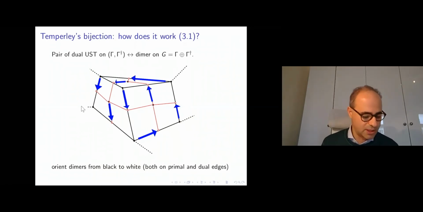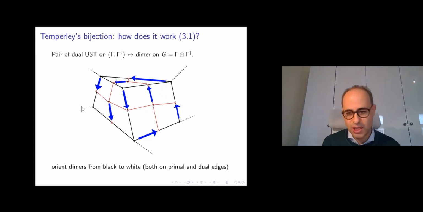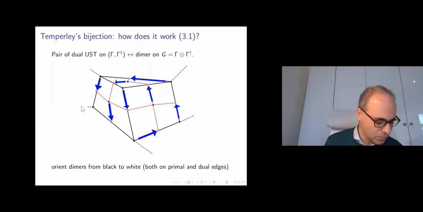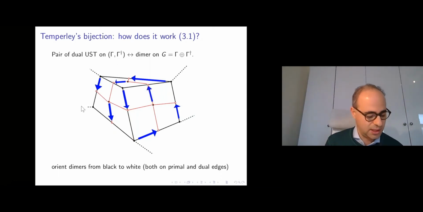The way this coloring is done is simply that these new vertices that you added, you call them white. So in the middle of every edge, you've got a white vertex and everybody else is a black vertex. And so we can orient dimers from black to white. We can do that whether a dimer lives on an edge that was originally primal or originally dual, like this one.